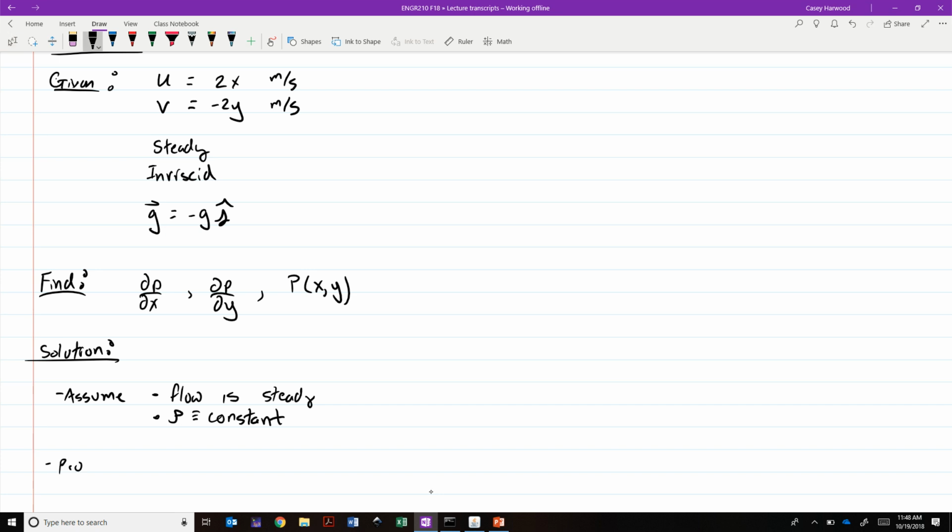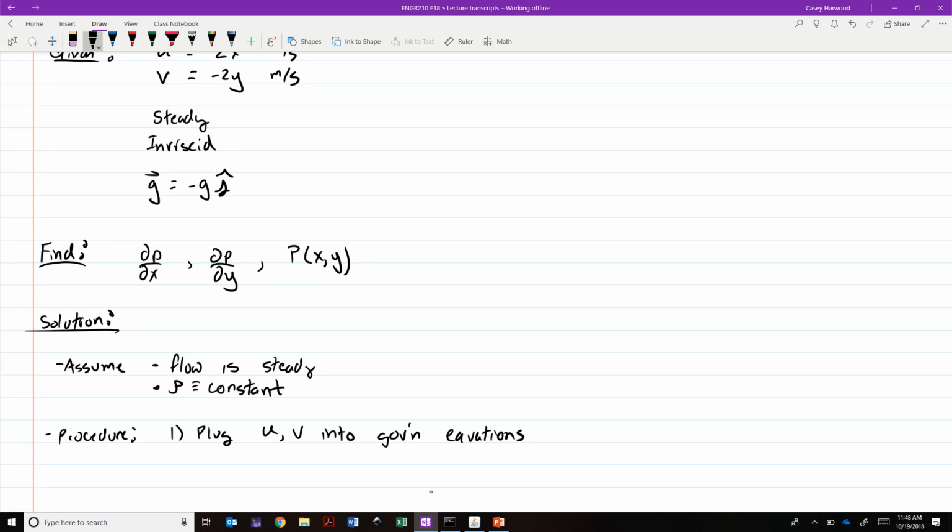And our procedure, sort of in steps here, is going to be: plug u and v into our governing equations, whatever those may be. Solve for dp dy, dp dx, and then integrate on x and y to find p as a function of x and y.